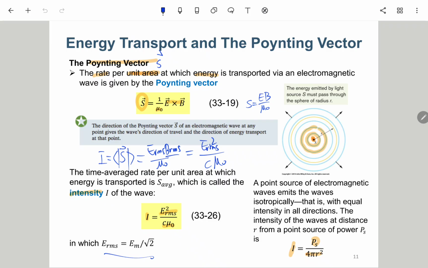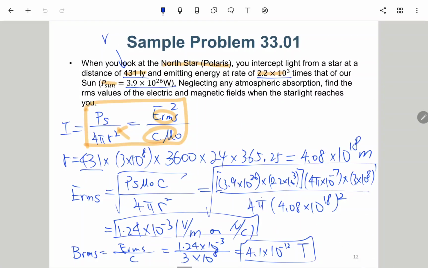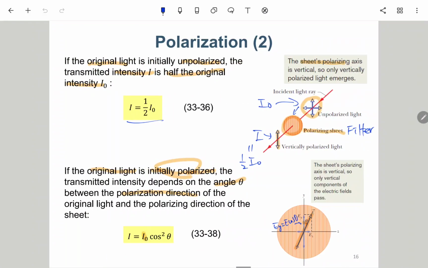The intensity is proportional to the square of E. So if E is multiplied by cosine of theta, the intensity will be multiplied by cosine squared. This is why we have this cosine square of theta here. So these are the two simple equations that we will need to consider for polarizing light.